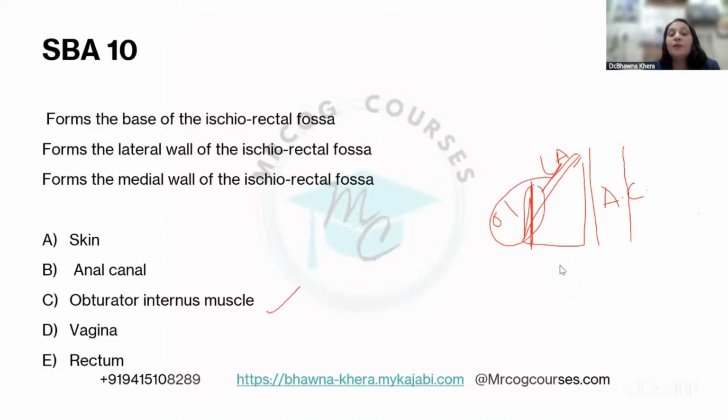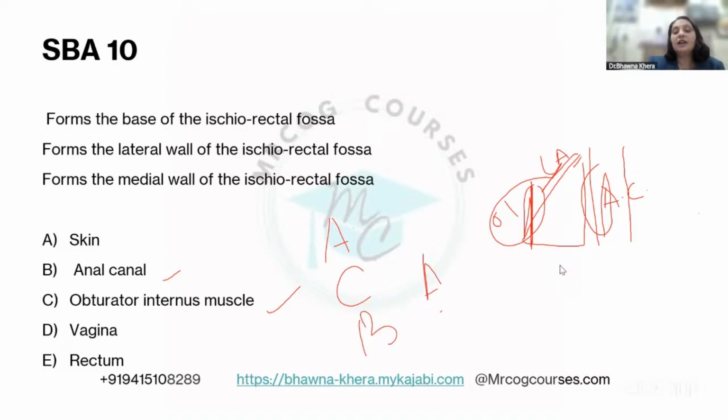And what forms the medial wall of the ischiorectal fossa? It's the anal canal. So this is the correct answer. So the answers will be A, skin forms the base; the lateral wall of the ischiorectal fossa is formed by the obturator internus, and the medial wall is formed by the anal canal.